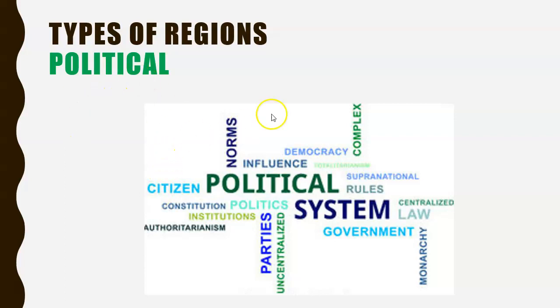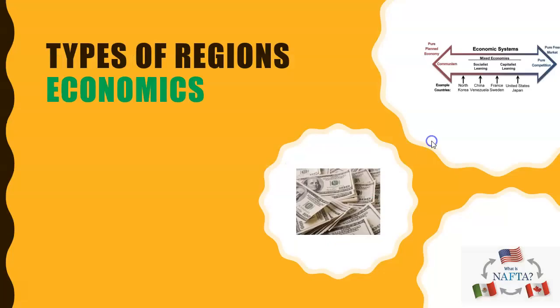You can also look at different forms of government. So you might look at all of the democratic systems of government. And those a lot of times will overlap with an economic region. So if you're looking at governments that have a democratic form of government, a lot of times you'll also have a capitalist economic system.